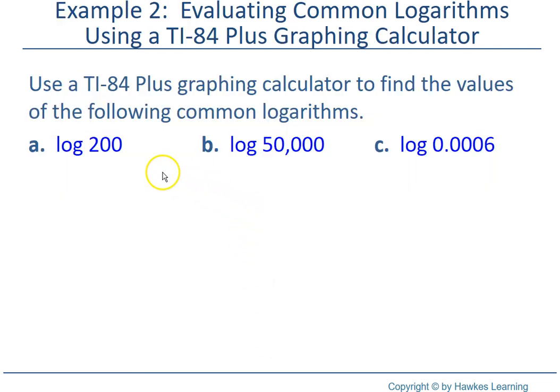So let's do some practice for this. Log, and then you're going to get a single parenthesis there. You're going to put in 200, close the parenthesis, and then enter. And then for each of these, see what you get.